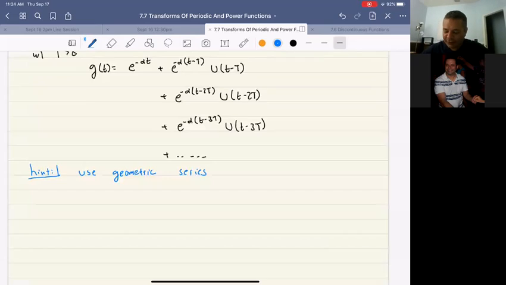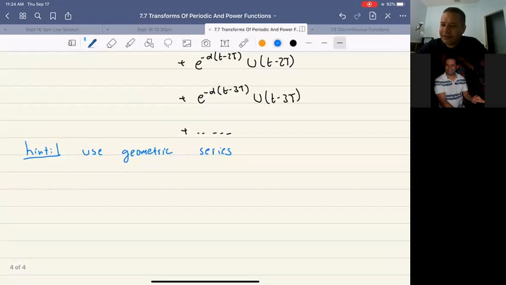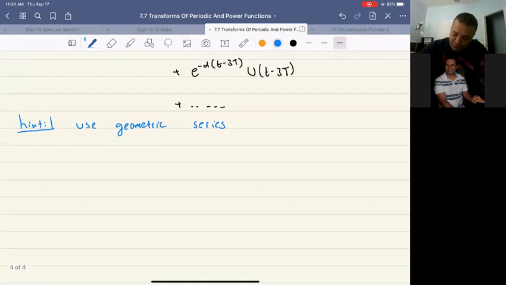I have linked a video about just a refresher on geometric series in case you totally forgot it. The one that we're going to use here is that for the absolute value of x being less than 1, 1 plus x plus x squared going on forever equals 1 over 1 minus x.